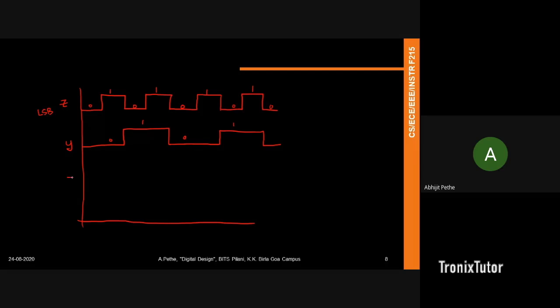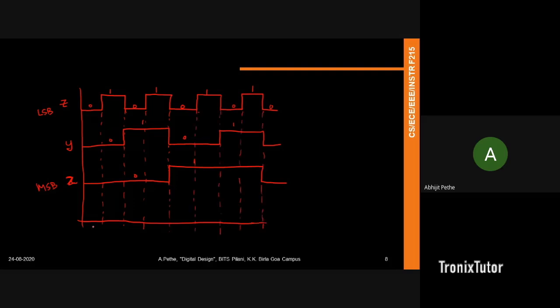Now, if I think of X, which is your MSB, and look at every... this is sometimes known as a timing diagram. So I can think of my inputs for a 3-input function, from T0, T1, all the way up to T7.